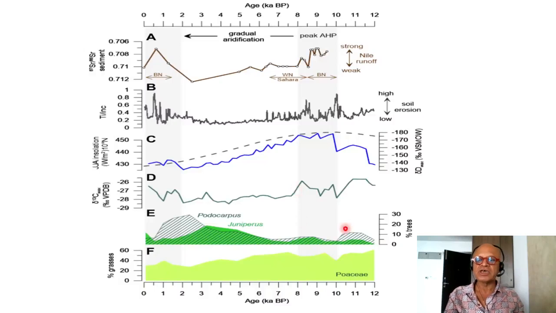So just looking at the Poaceae and percentage of trees over this period, you can see the percentage of grasses, Poaceae, was very high as we came out of the cold period. We were still in the last bit of Younger Dryas and so on. So you can see that junipers were smaller and podocarpus were higher in terms of percentages, dominated of course by grasses.